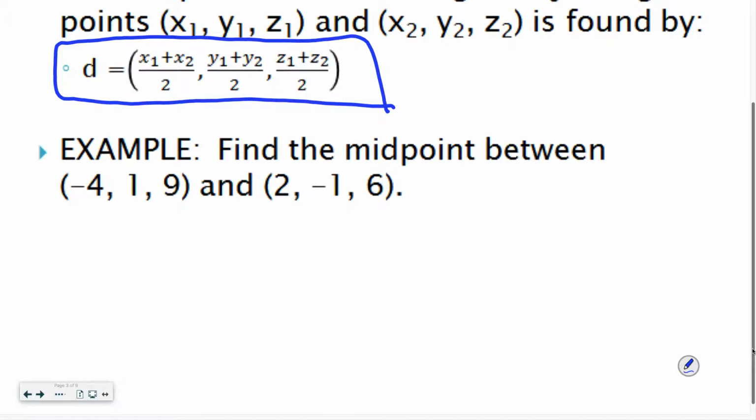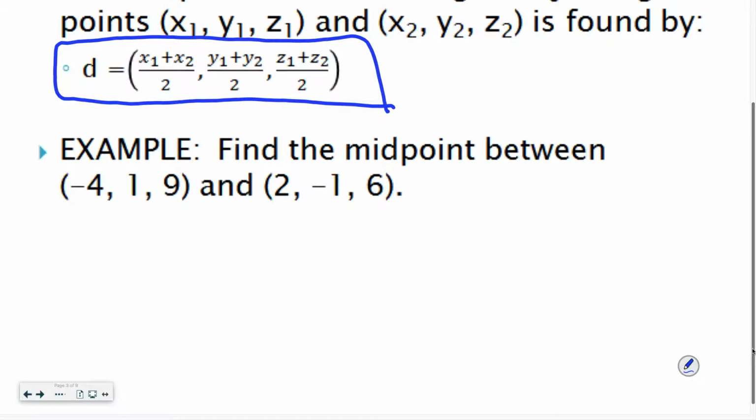All right, write down these 2 coordinates. We are going to find the midpoint. Okay, I'll let you go ahead and try to calculate the midpoint without me.